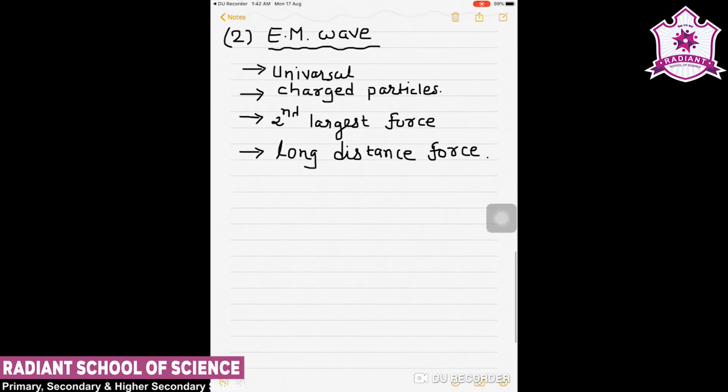Now, what is the speciality of the electromagnetic force? This is the second largest force, and it is the force between electrically charged particles like proton and electron. We know that if one particle is positive and one particle is negative, then that force is always attractive.